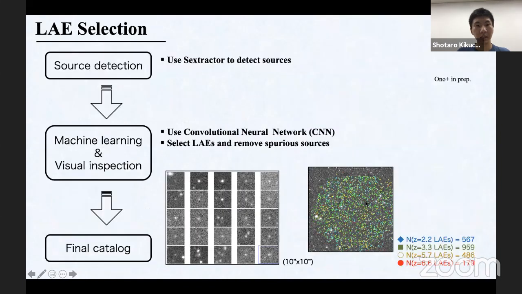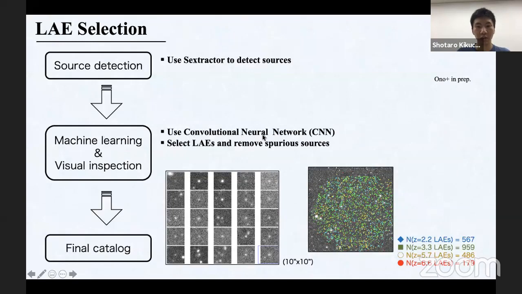Next, for the Lyman-alpha selection, we utilize the Lyman-alpha catalog constructed by Ono et al., in prep. Here I briefly show what they did. They first detect the sources using SExtractor, and next carried out machine learning and visual inspection on the detected sources.